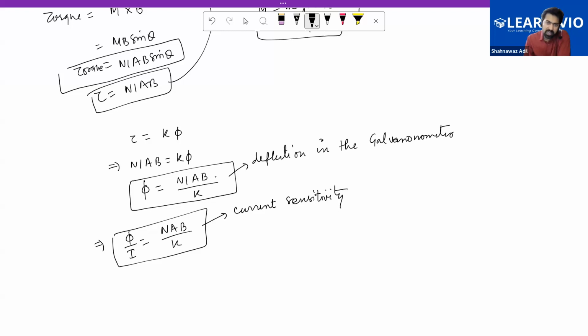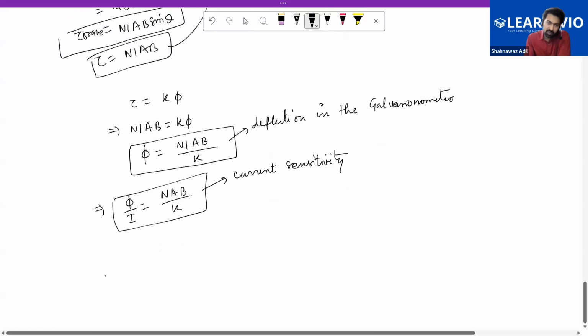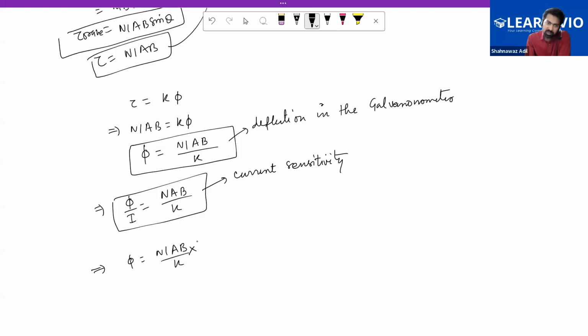And if you multiply this with the resistance R of the galvanometer, we know phi is NIAB by K, so IR would be V. So this is NBA divided by KR, and taking V to the other side, phi by V is N A B by KR.